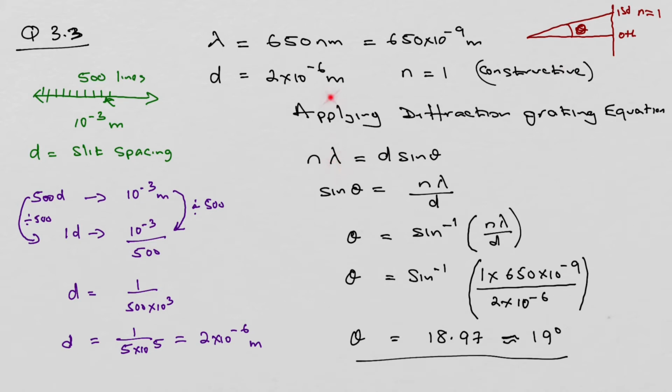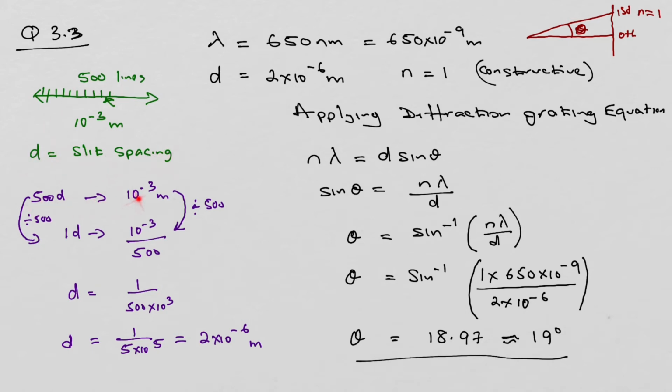We know lambda has been given to us, 650 nanometers. And we know what d is because we've got 500 lines for every 1,000th of a meter. That means 1 over 1,000 meter. So each line is d, which is slit spacing.